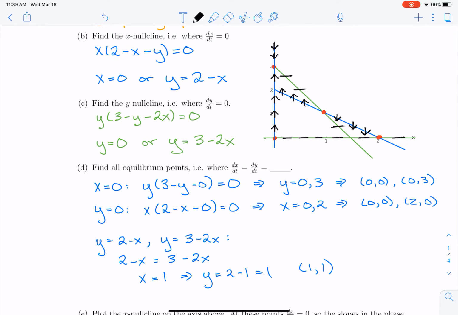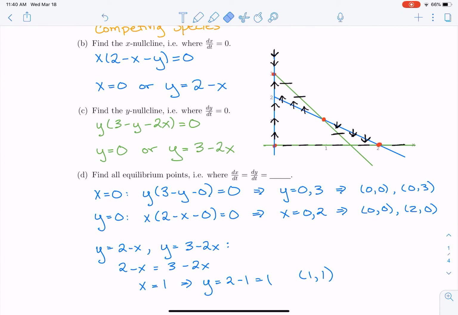So now I want to do kind of the same thing that I did before. First I'm going to choose the nullcline y equals 0. There, dx/dt in that case is equal to x times (2 minus x minus 0). I'll notice that that is positive when x is between 0 and 2.